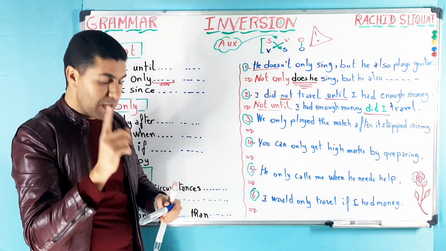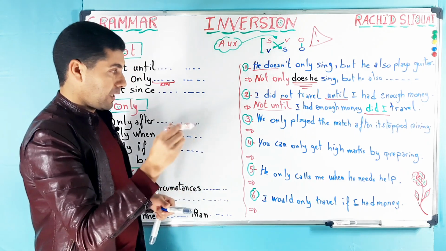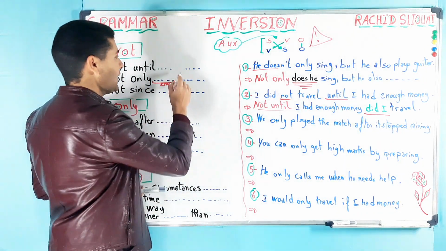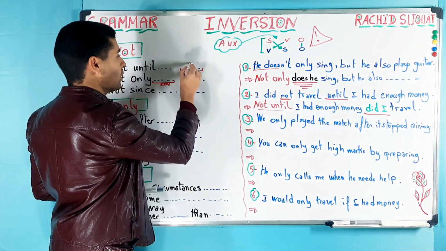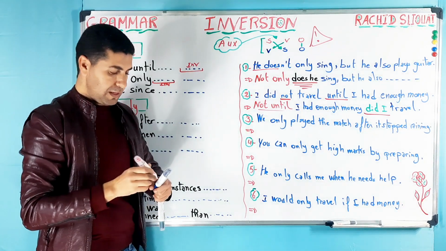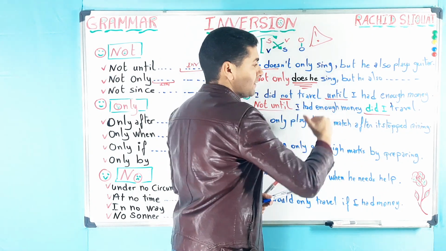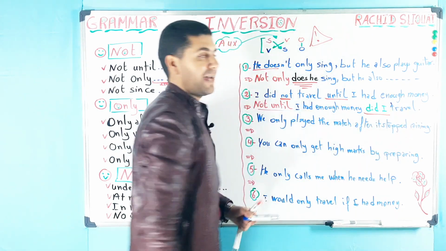This is a very essential thing to remember: in not until, inversion is in clause number two. Not in the first clause, but in the second clause: did I travel.